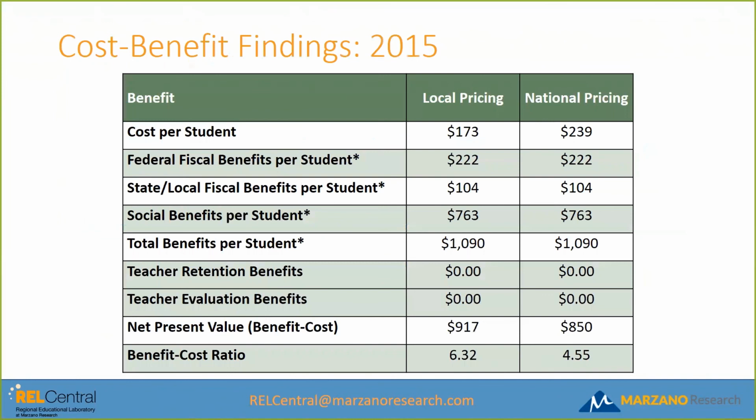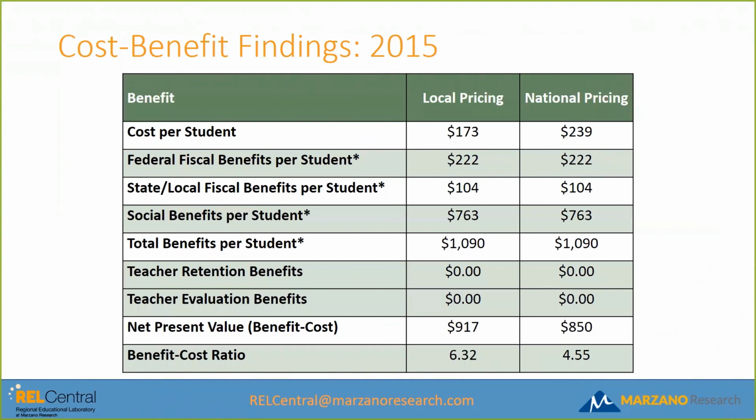All right, and so this is the key table to the whole study. As we totaled up all the costs that Dale talked about, and then also the value of these various benefits, rather than taking them on a per mentee basis, we calculated a per student amount for both the benefits and the costs.